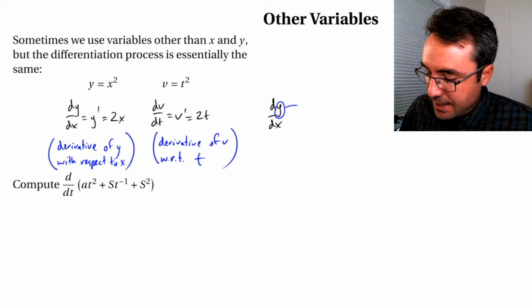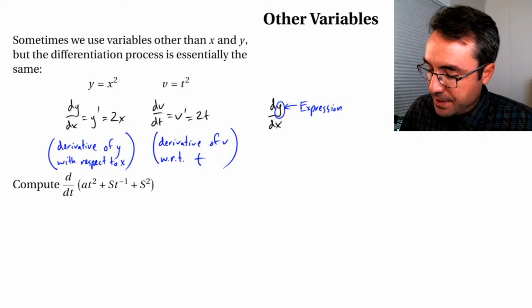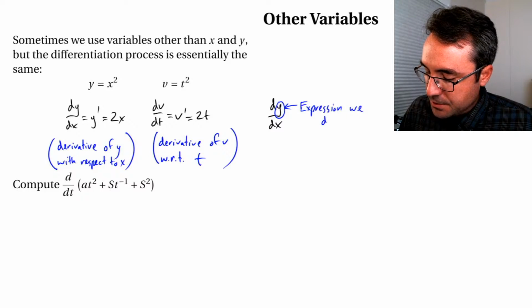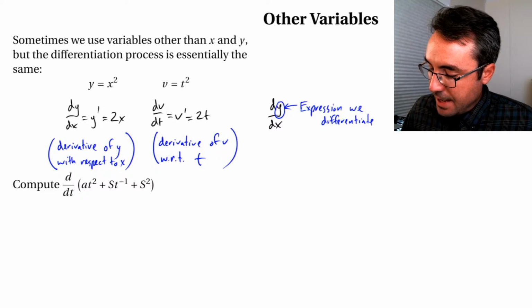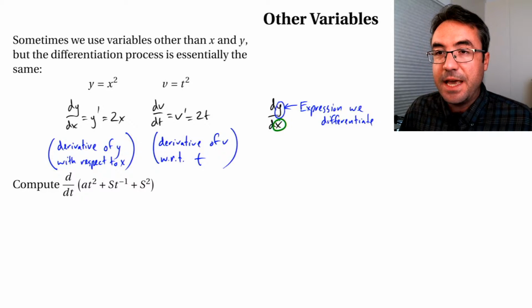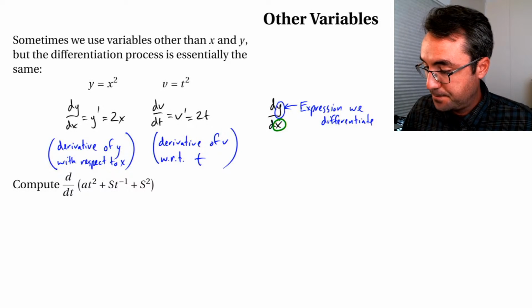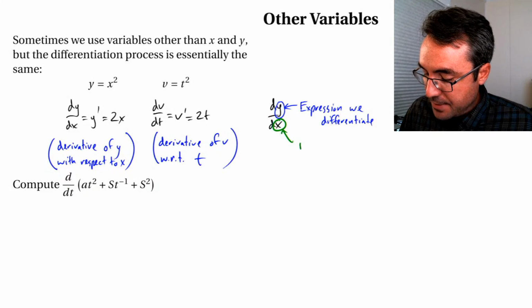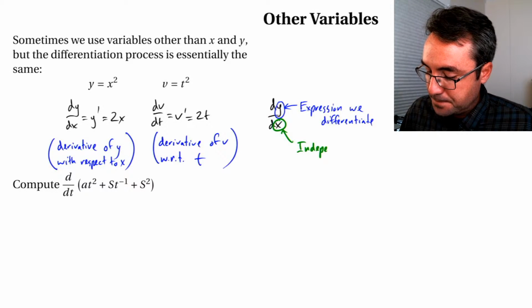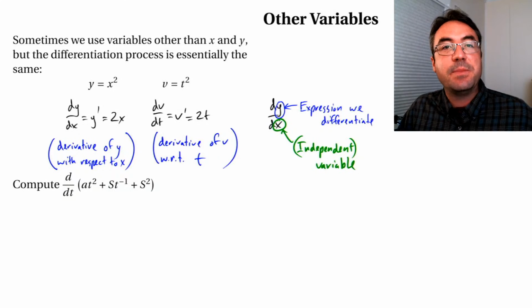And so this y here is really the expression or the function that we differentiate. So it tells us what we're differentiating. We're differentiating y. And then the x there tells us what variable we're actually differentiating with respect to. So it tells us the independent variable. And then the d's mean we're doing the derivative.